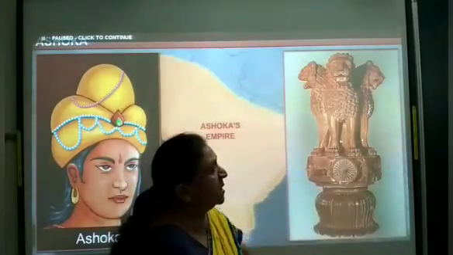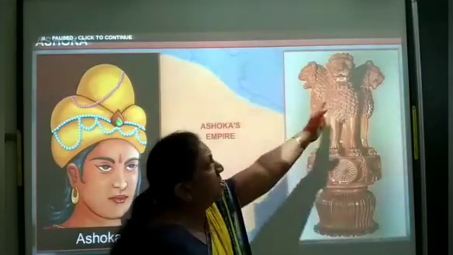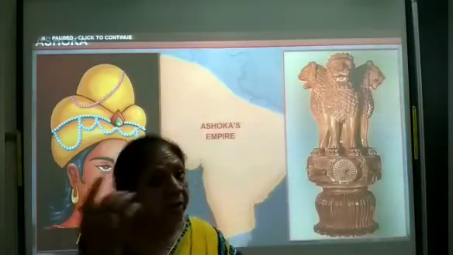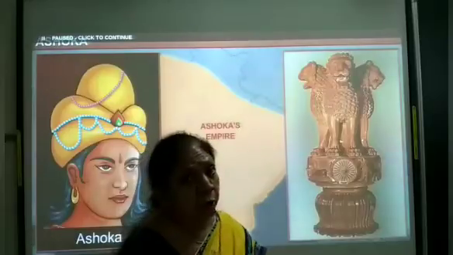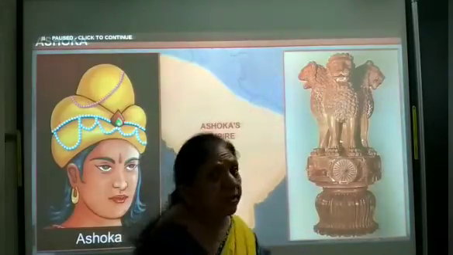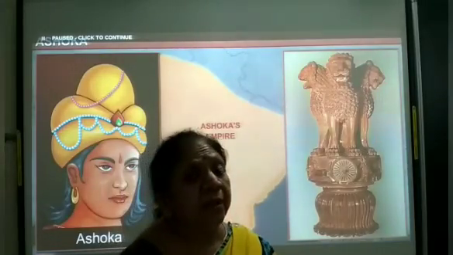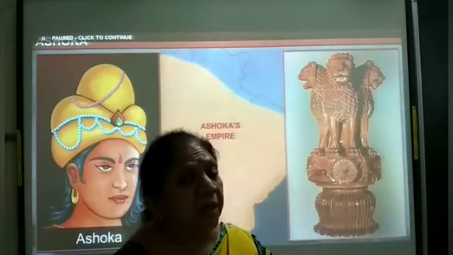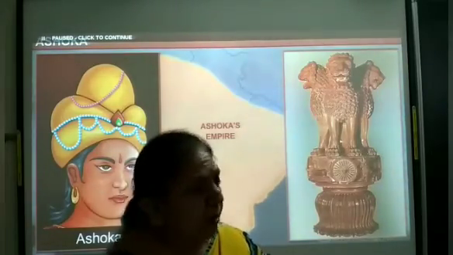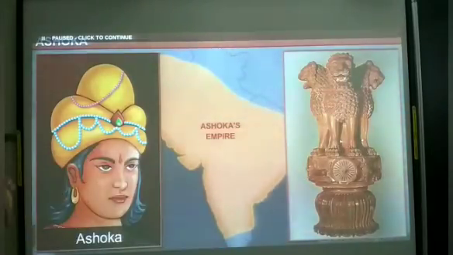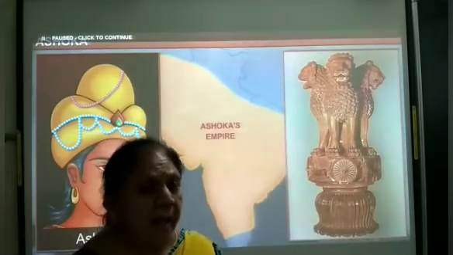We can call this the Ashok Chakra, the blue wheel. These carvings were done on his capital, so our emblem follows Emperor Ashoka. He was full of compassion. He was very sorry when he saw the Kalinga war, and he said that innocent people died in the war. He died, and after 50 years this was the end of the Mauryan Empire.